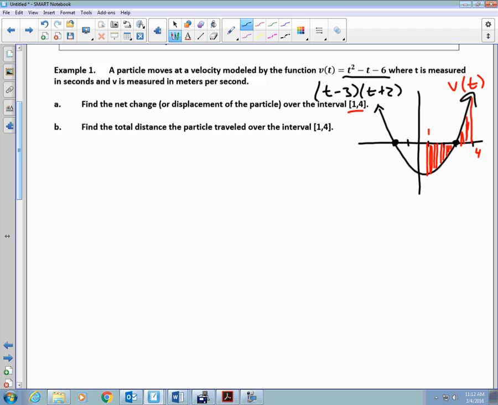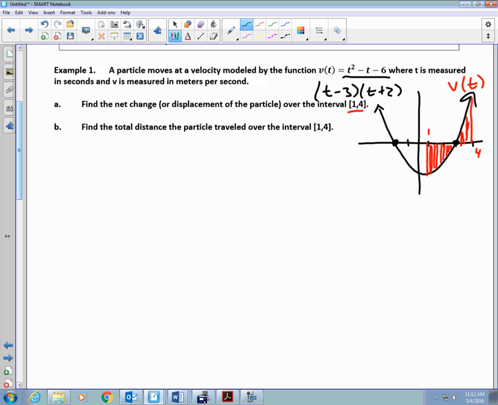You tell me, what do you notice about that shaded region? Both positive and negative. By looking at what we have up there, do you think that we will end up traveling more units to the right or more units to the left? More units to the left, because you see a larger area underneath the x-axis as opposed to above the x-axis.